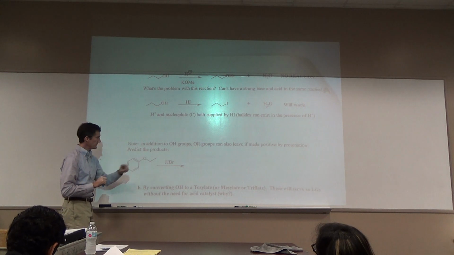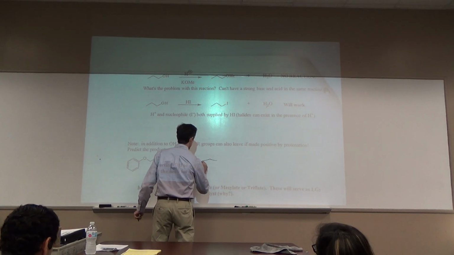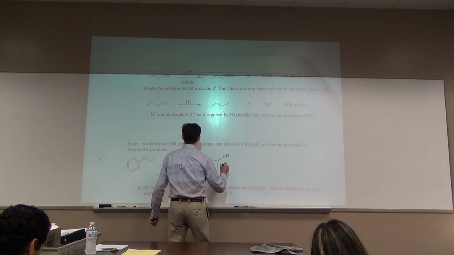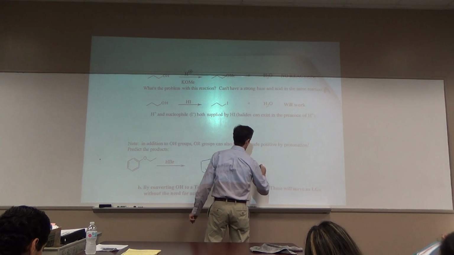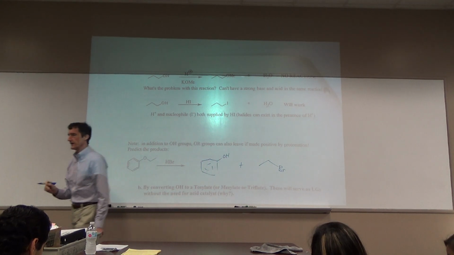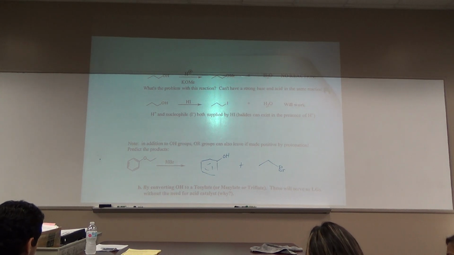If we react this with HBr, let's see what type of products we have. I think the products are going to be phenol plus ethyl bromide, or 1-bromoethane. How do we do?